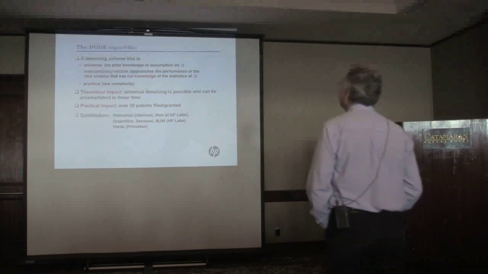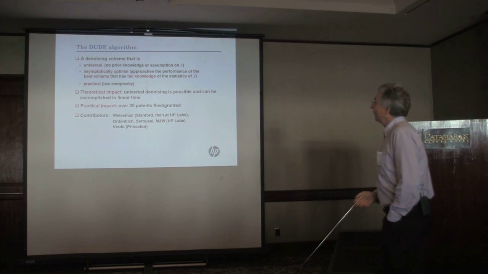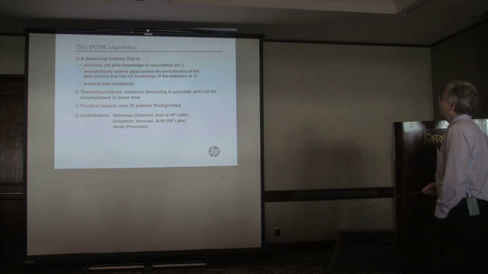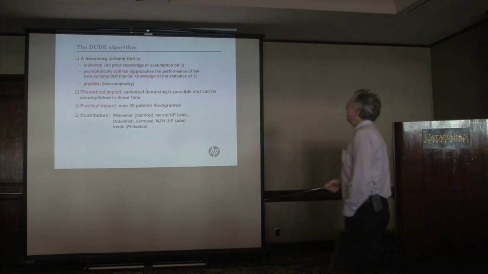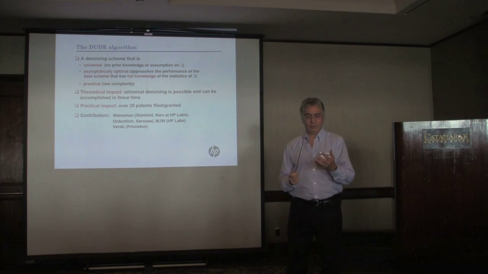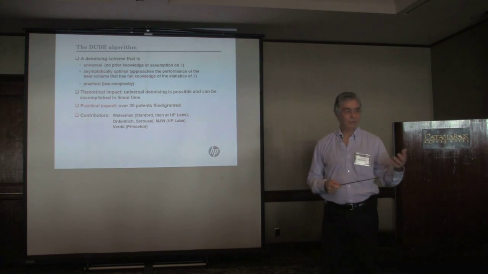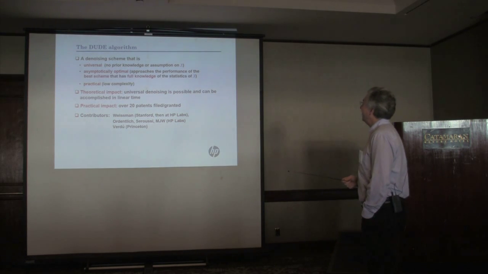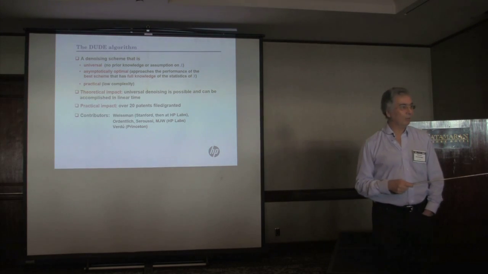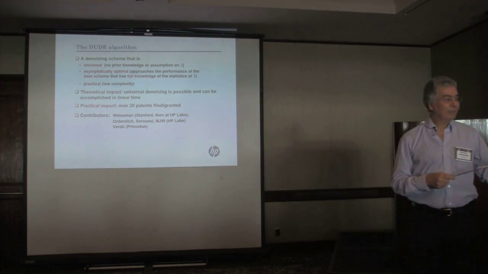So what is the DUDE algorithm that we came up with? The DUDE algorithm is a denoising scheme that is universal in the same sense that you think of universality in data compression. So it's universal in that no prior knowledge or assumptions are made on the data generating mechanism.